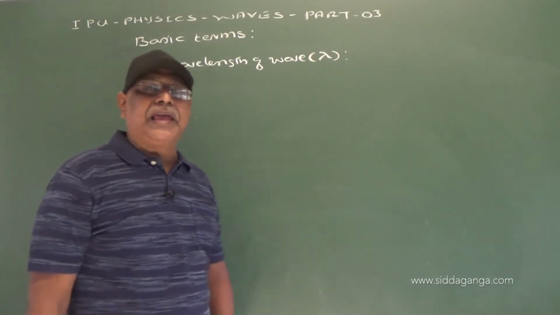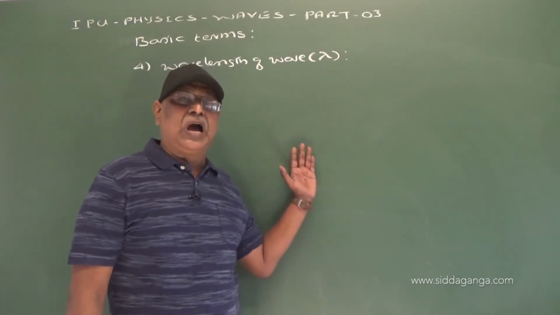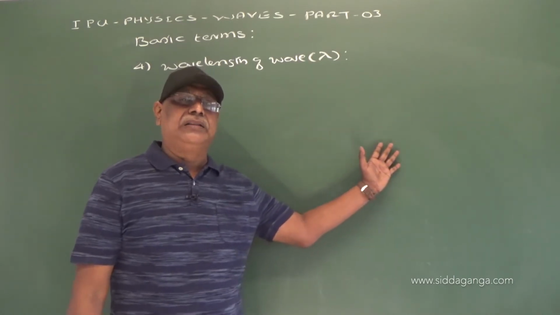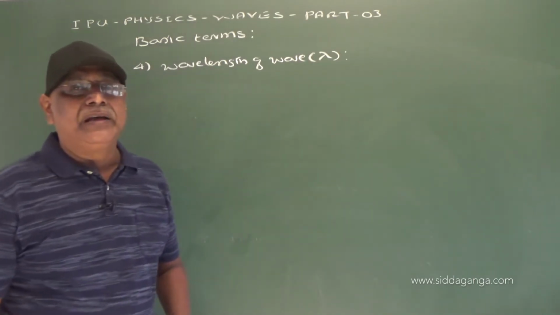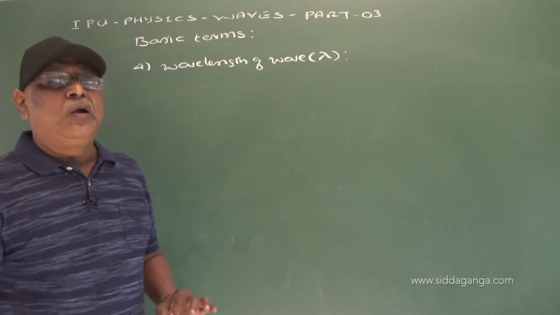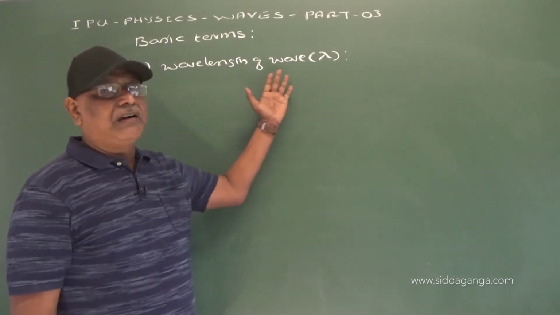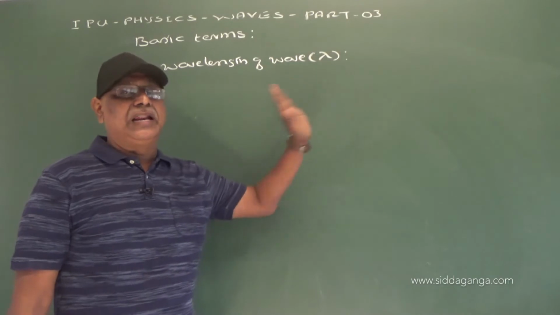Lambda is a Greek alphabet, just like alpha, beta, gamma, theta, delta, etc. The standard symbol for the wavelength of any wave is lambda.